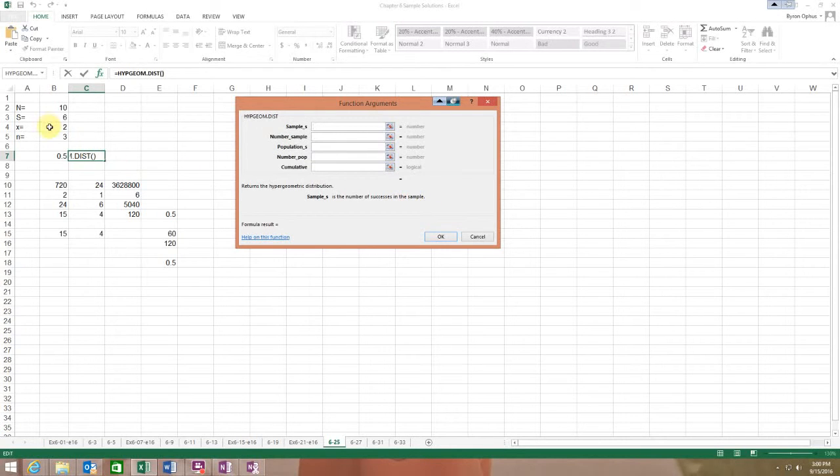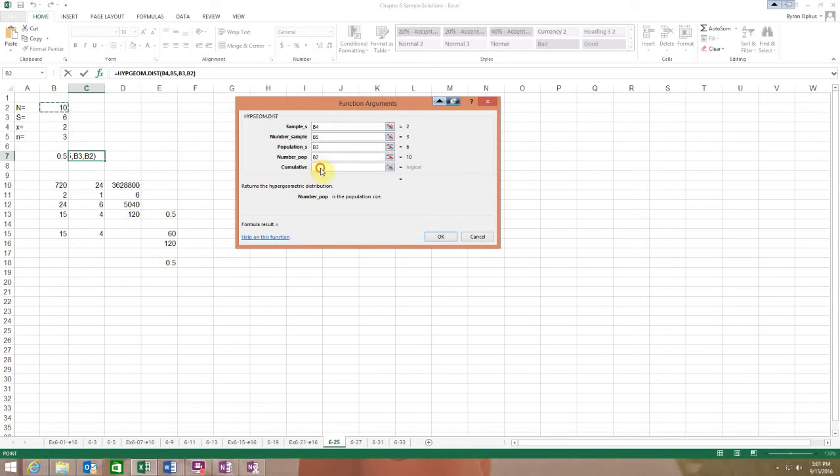I think that's my 2, my little x. The number sample is the size of the sample, which I think is my 3. My population S is the number of successes in the population, which is my 6, or the number of classical songs out of 10. And then the number population is the population size, or my 10.